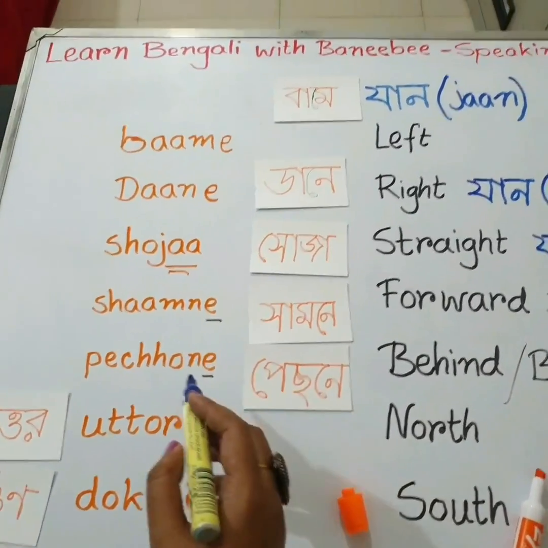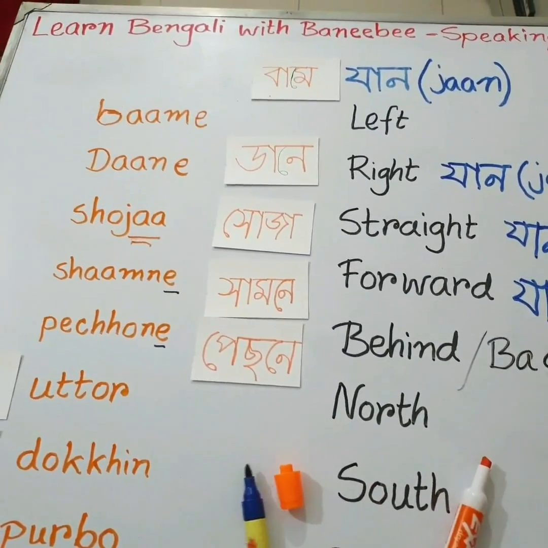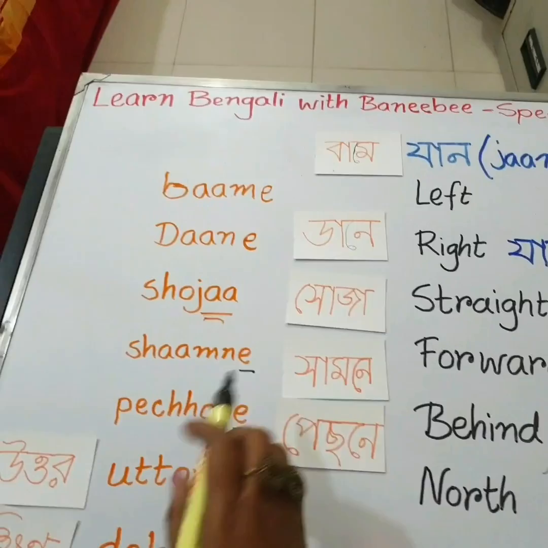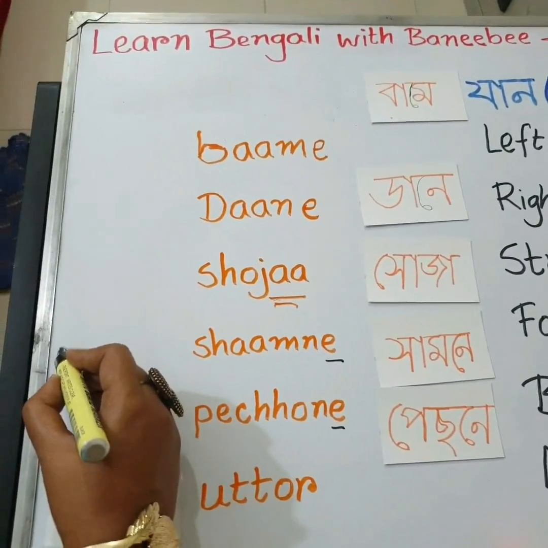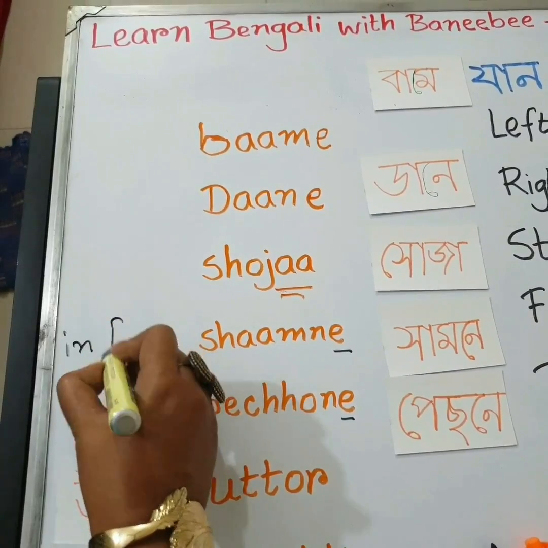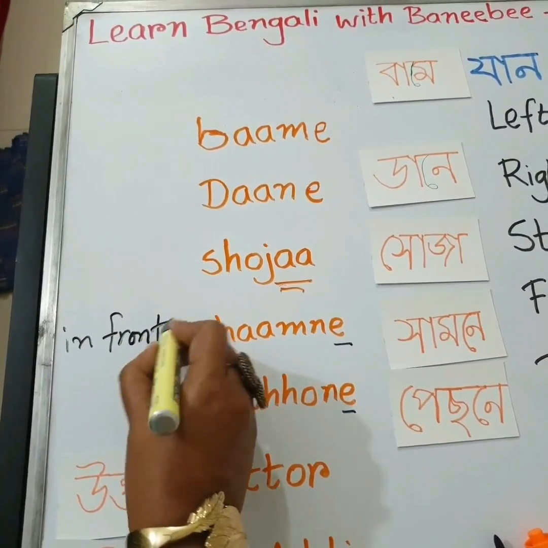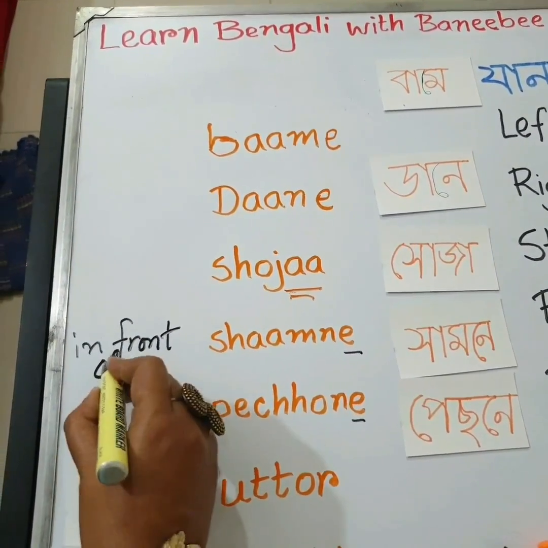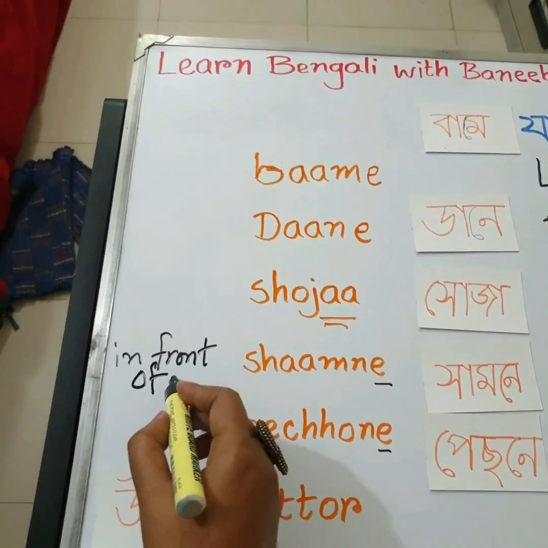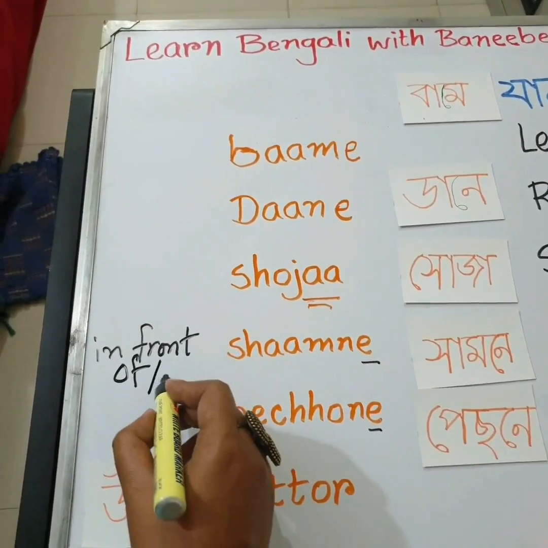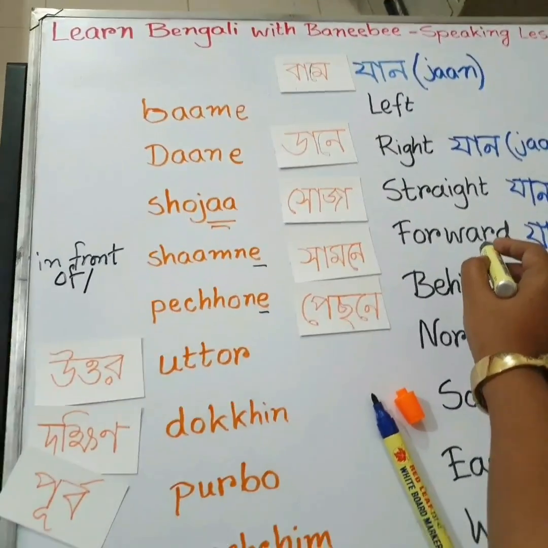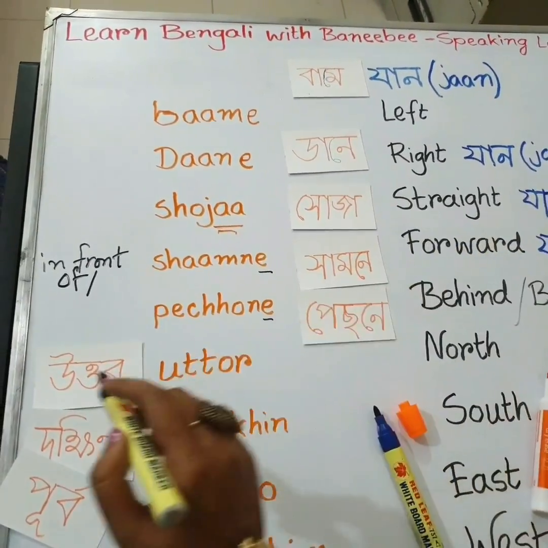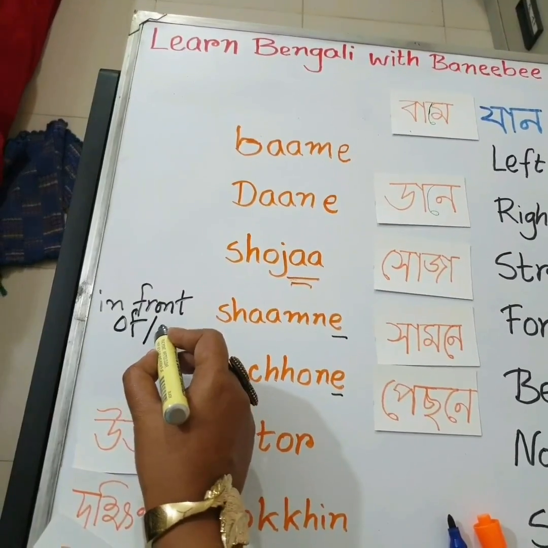Okay, so let me write it. So shamne might mean in front of, it might mean forward. It's already written here, you can see in front of and forward. It can also mean straight.